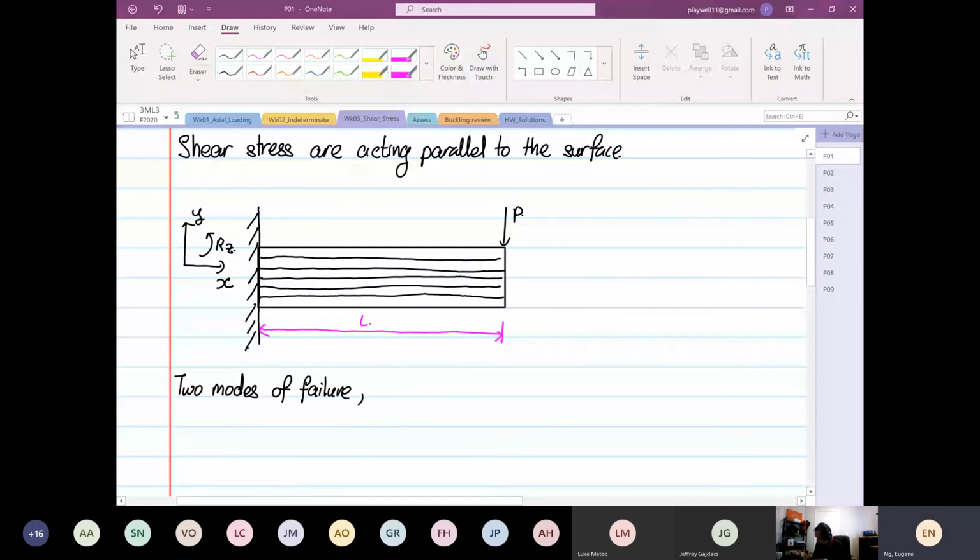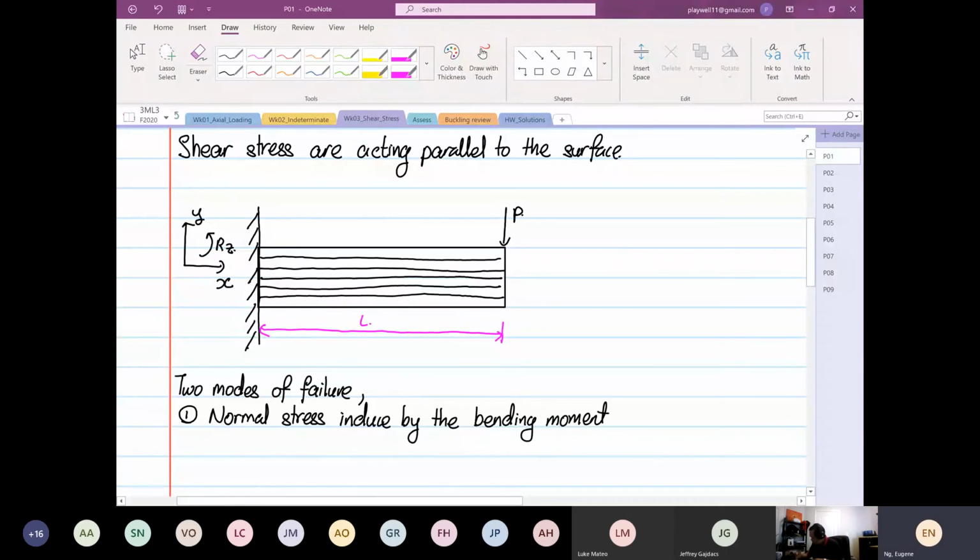So one is due to the normal stress induced by the bending moment. So the moment over here is equal to P times L. Okay.